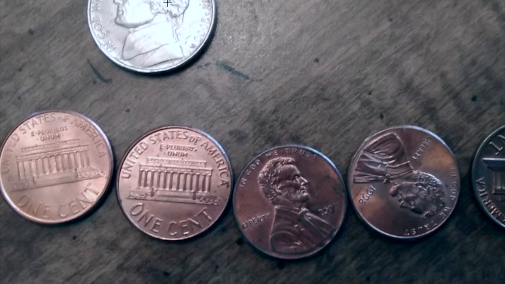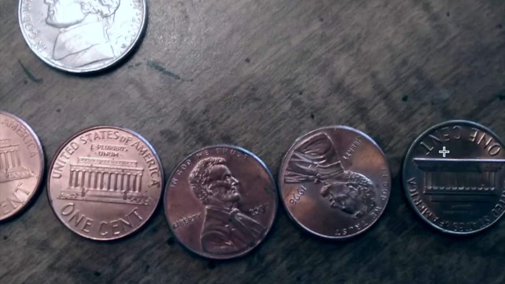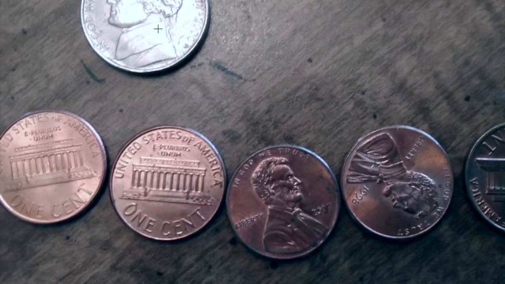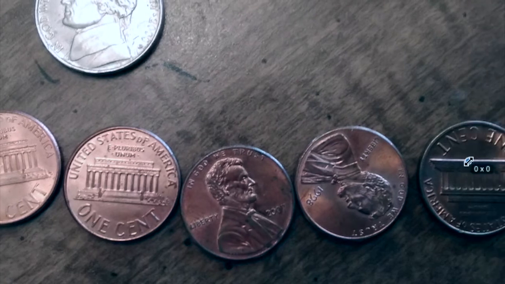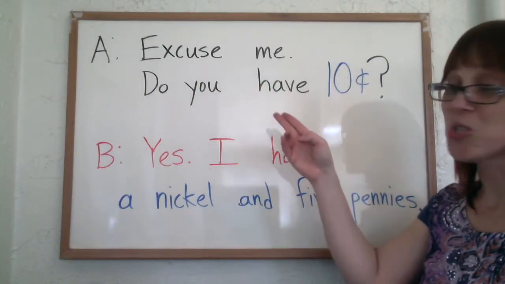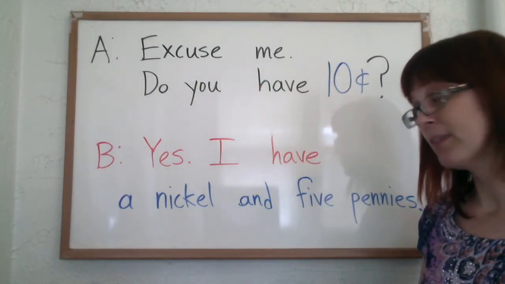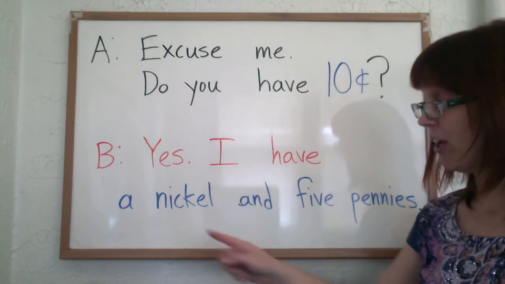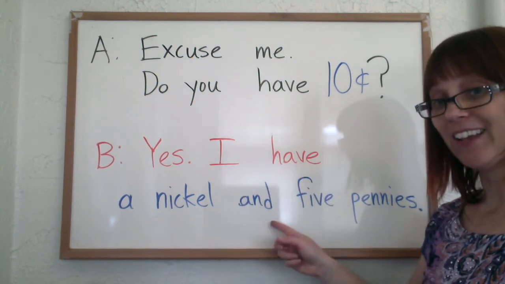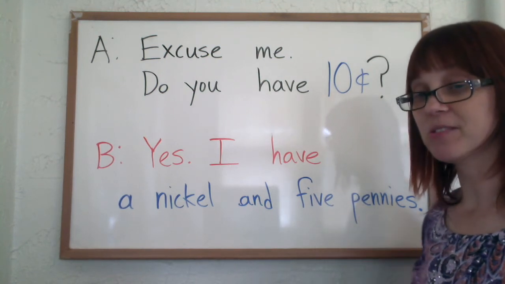So that's 5 plus 1 plus 1 plus 1 plus 1 plus 1. 5, 6, 7, 8, 9, 10. I have 10 cents. 1 nickel and 5 pennies. Yes, I have a nickel and 5 pennies.